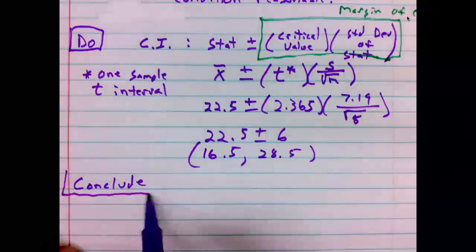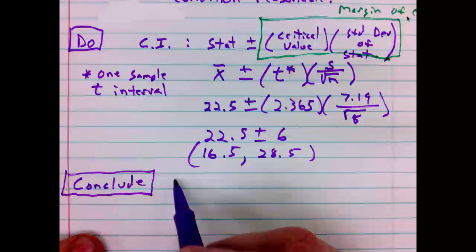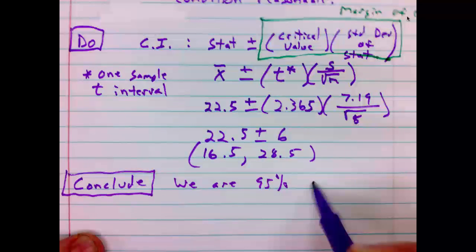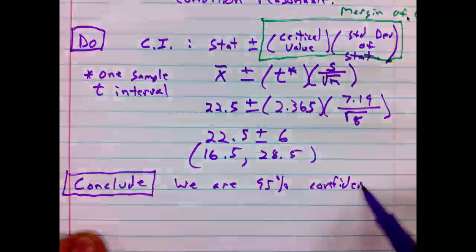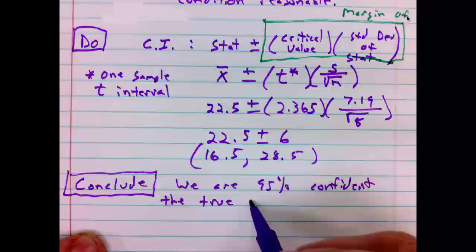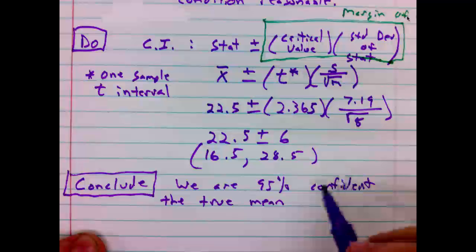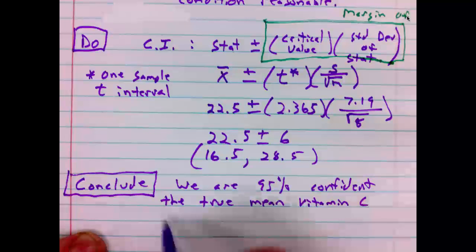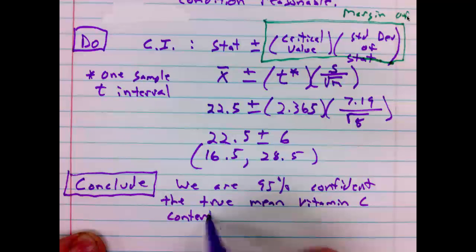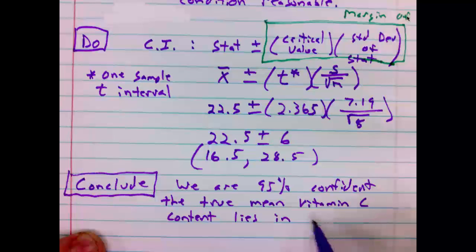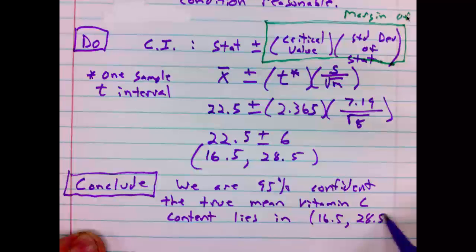Now we make our conclusion. We are 95% confident the true mean vitamin C content lies in 16.5, 28.5.